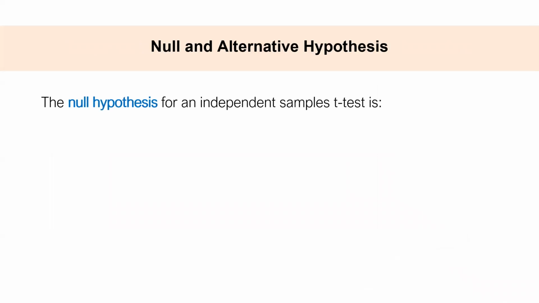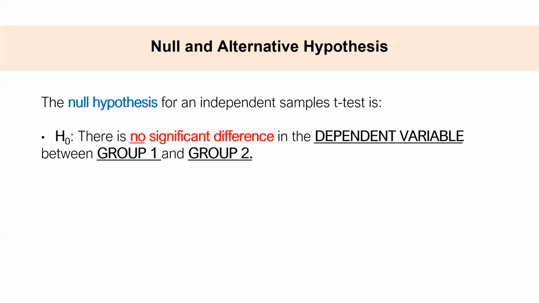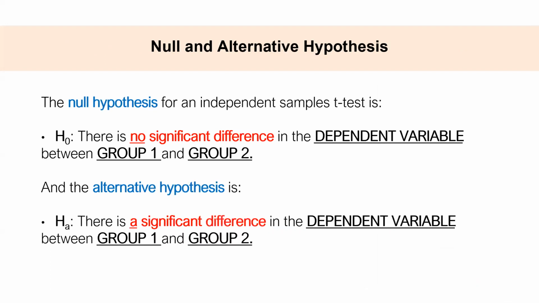So for the null hypothesis for an independent samples t-test, you could state it this way. Your HO is actually your null hypothesis. You could say there is no significant difference in the dependent variable between group 1 and group 2. You could say also your alternative hypothesis or your HA, other books call it H1: there is a significant difference in the dependent variable between group 1 and group 2.